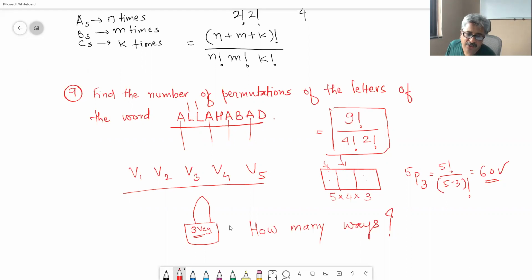However, when you are taking them home, in mathematical language, these were permutations, these are arrangements.